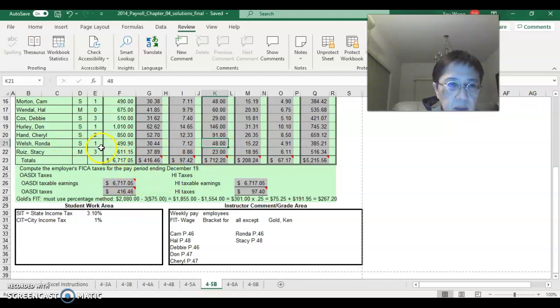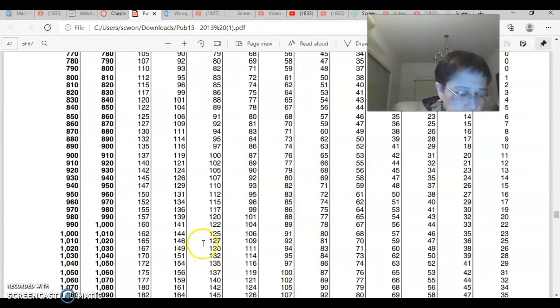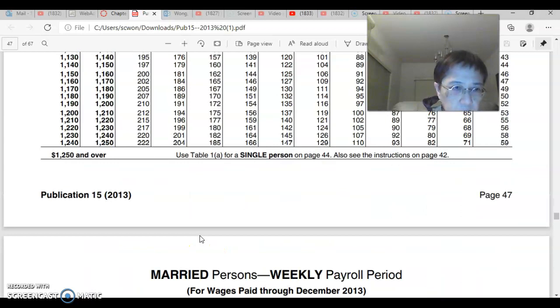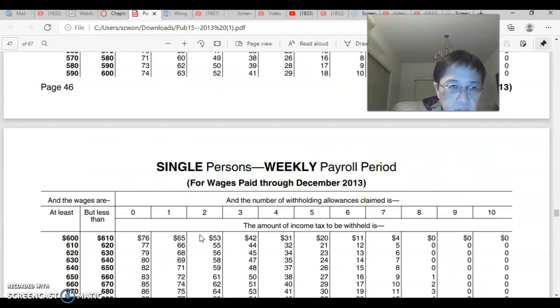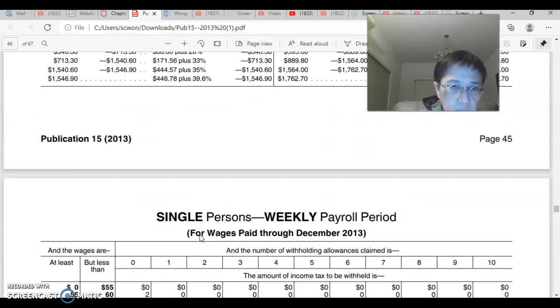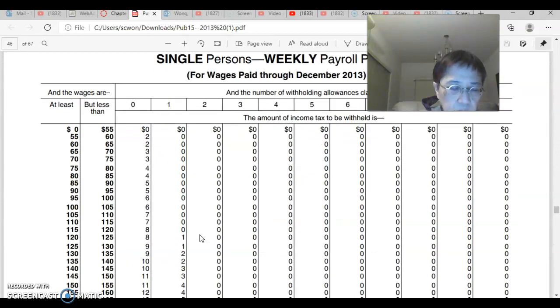Rhonda is single with 1 withholding allowance. Rhonda is on page 46, single, weekly.